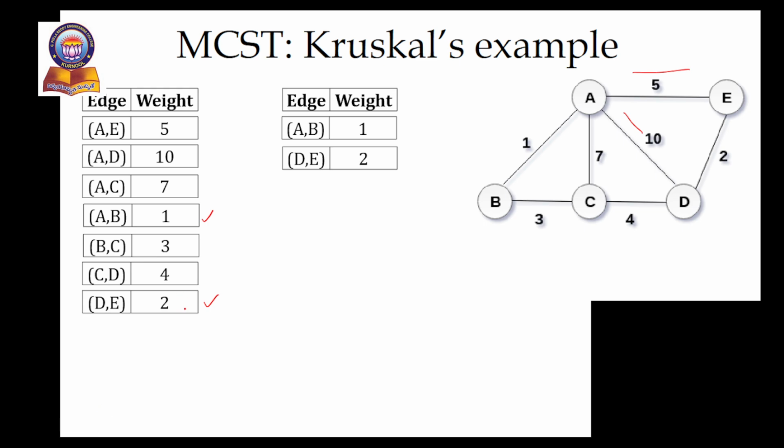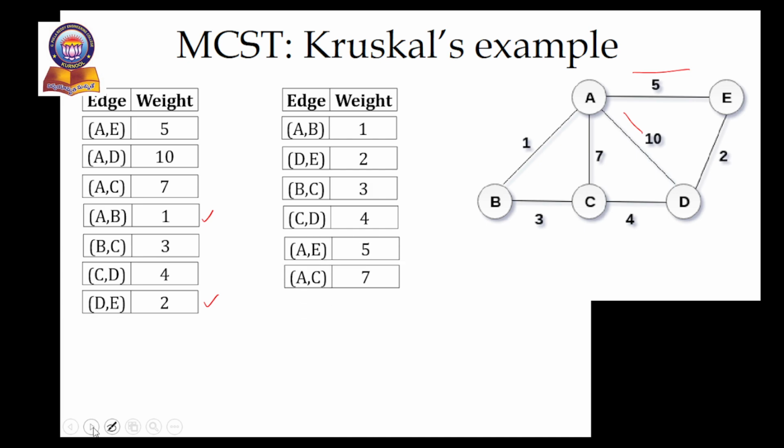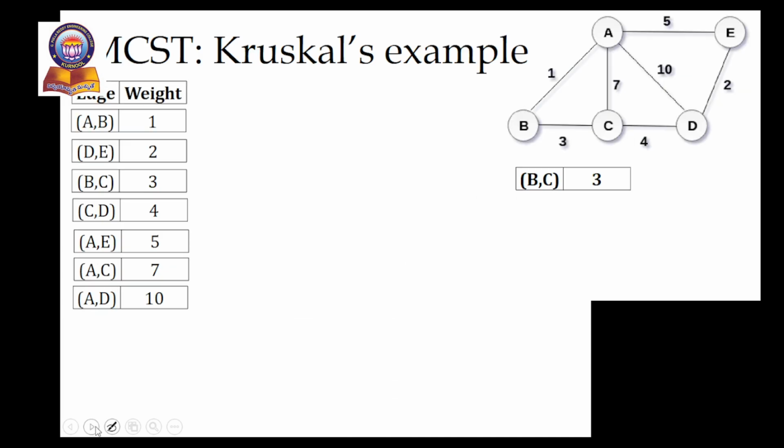Like for example, here you have 2, and the next one here also, if you consider the 2, then you should also take this into the order. So the next minimum will be B to C with the edge cost equal to 3, and so on. So rearrange these edges according to the increasing order.